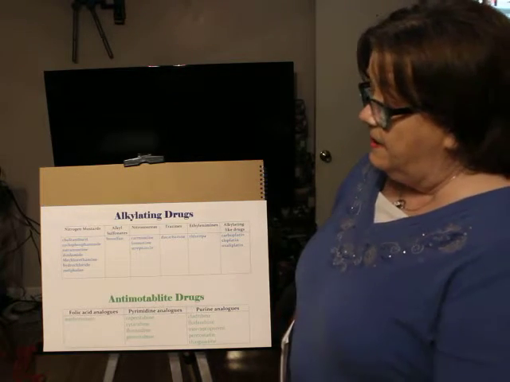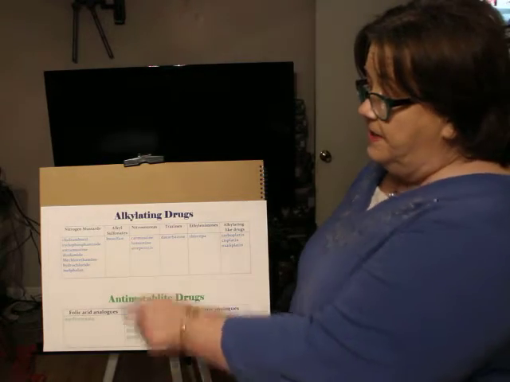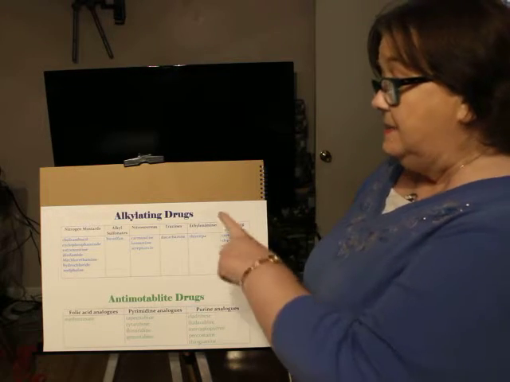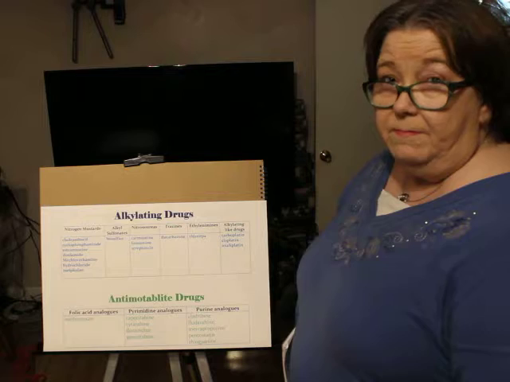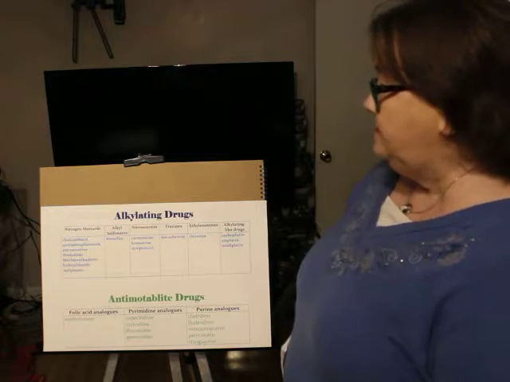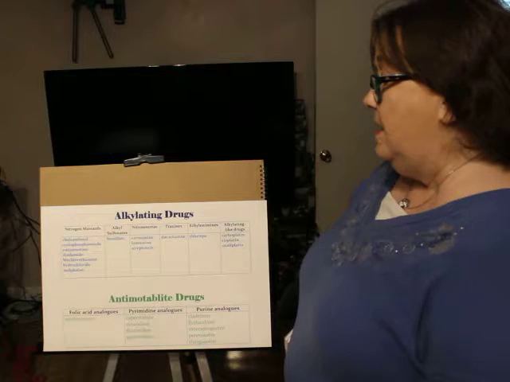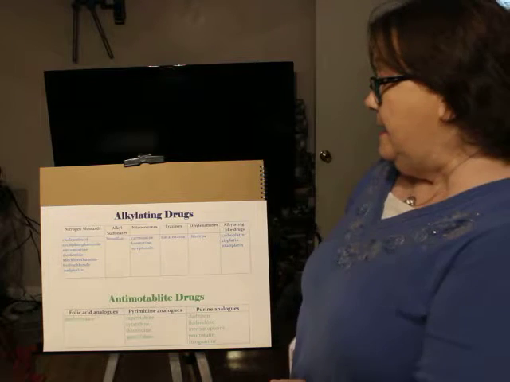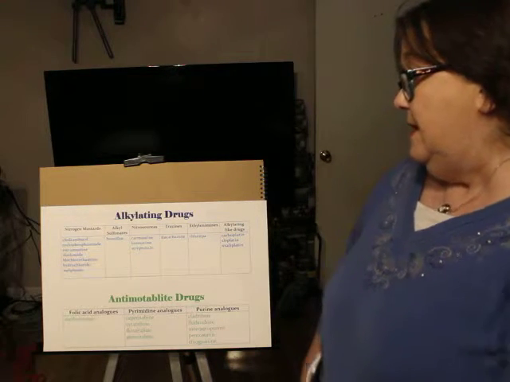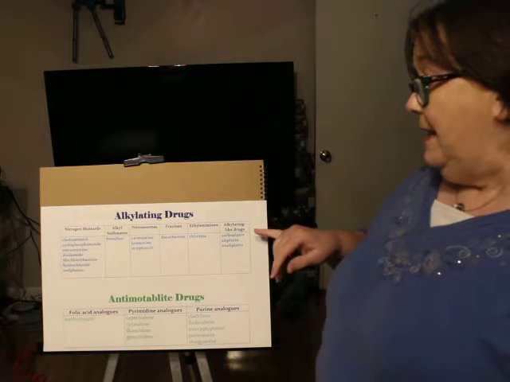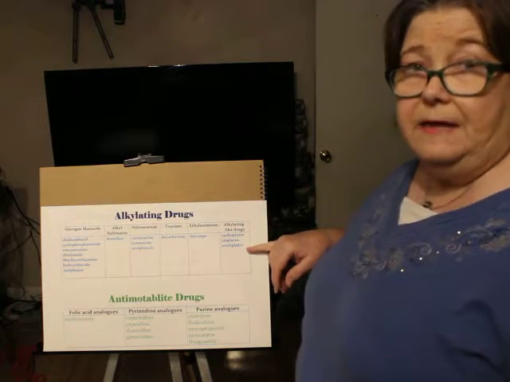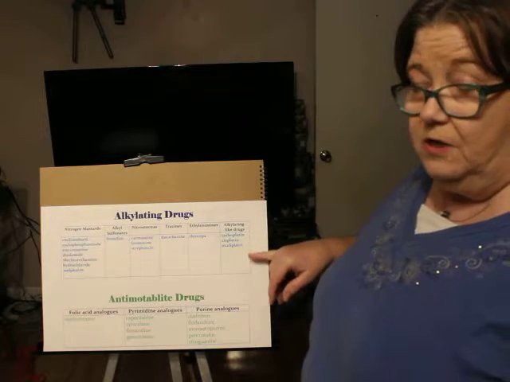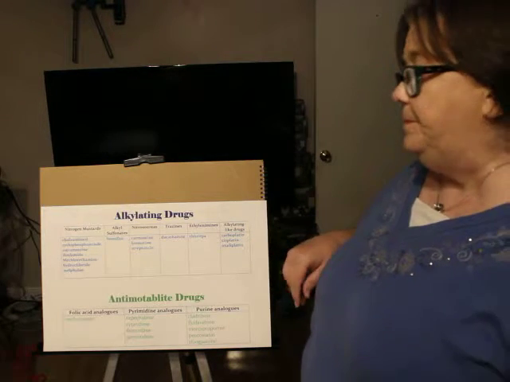The nitrosoureas are carmustine, lomustine, and streptozocin. The triazines have only one in it, dacarbazine. The ethylenimines also have only one, thiotepa. Then the alkylating-like drugs contain carboplatin, cisplatin, and oxaliplatin. The platin at the end of those lets you know that those drugs have heavy metals in them. They have platinum in them.